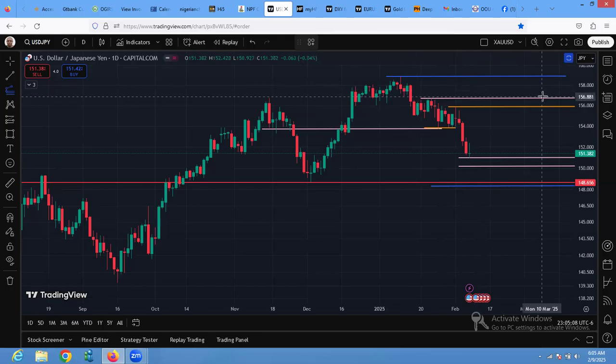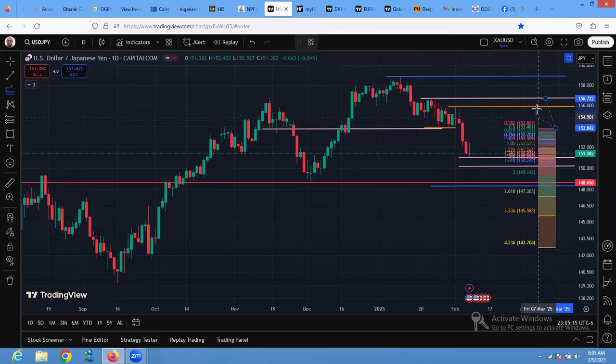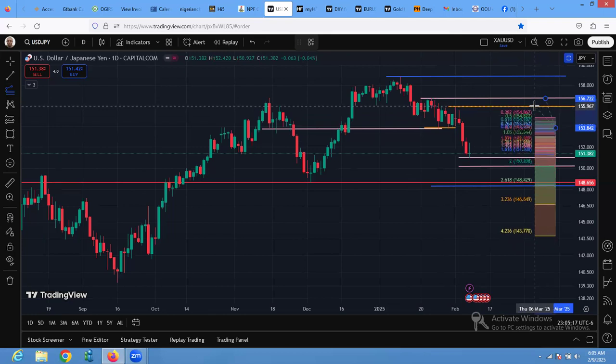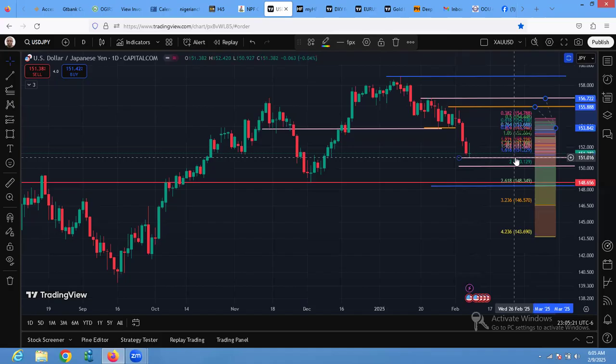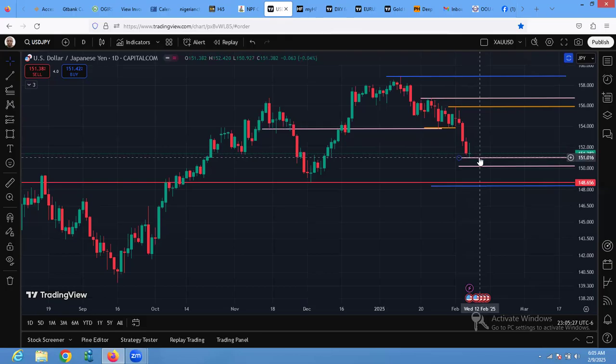Then we can now begin to look at this, that if it's a C wave in that regard, price should be reacting. Price should not break below here. This should be the last bus stop.